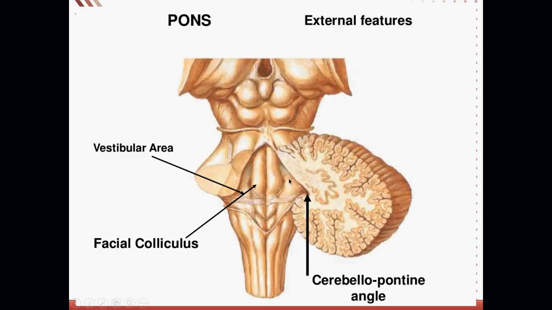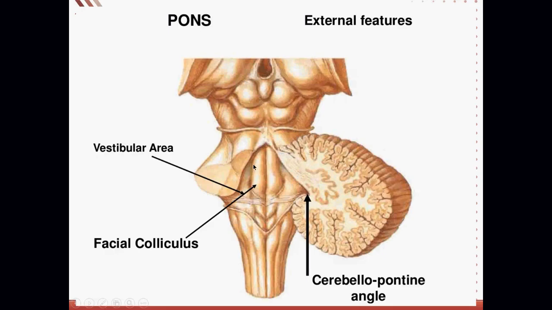Lateral to the facial colliculus there is a vestibular area, and above the vestibular area there is a locus coeruleus. Locus coeruleus is a bluish grey area and it belongs to the reticular formation, and it is rich in noradrenaline. So posteriorly it is covered by the cerebellum.